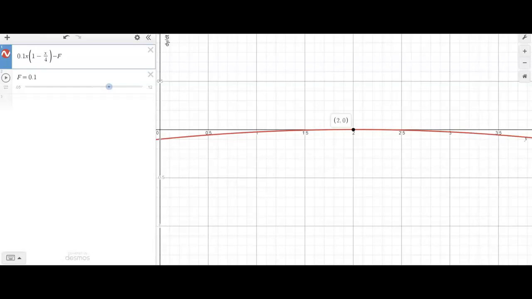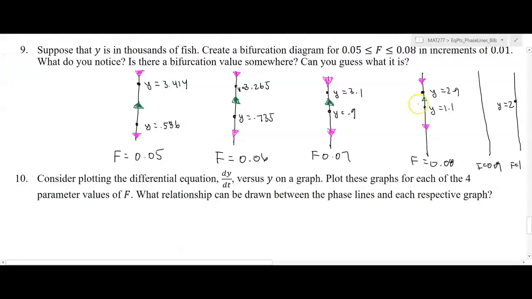And when y is bigger than 2, dy dt is also negative. So notice that now not only do I have just one equilibrium point, but that equilibrium point is neither a sink nor a source. It is now a node. So f equals 0.1 is the bifurcation. That's the bifurcation point at f equals 0.1.